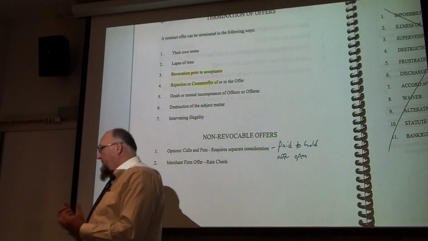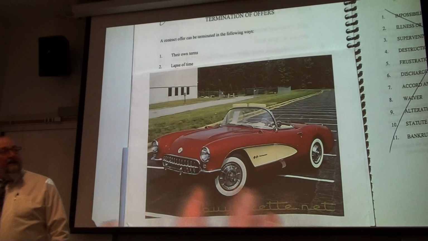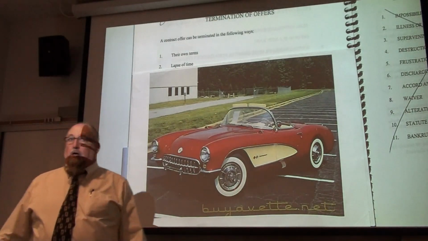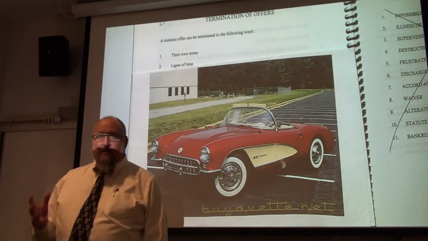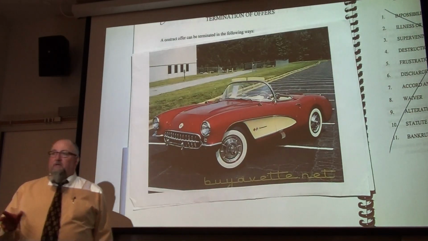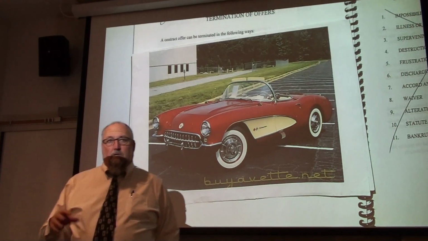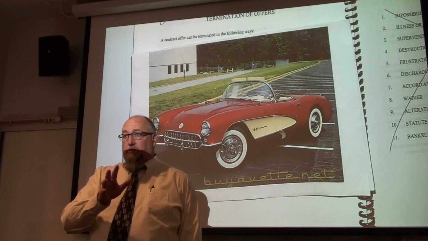So for example, if I email you and I say, I will sell you my Corvette for $50,000, come Monday, noon, all the same thing. You email me back and you say, I need a little bit more time to think about it, got to move some funds around. I will pay you $500 today.